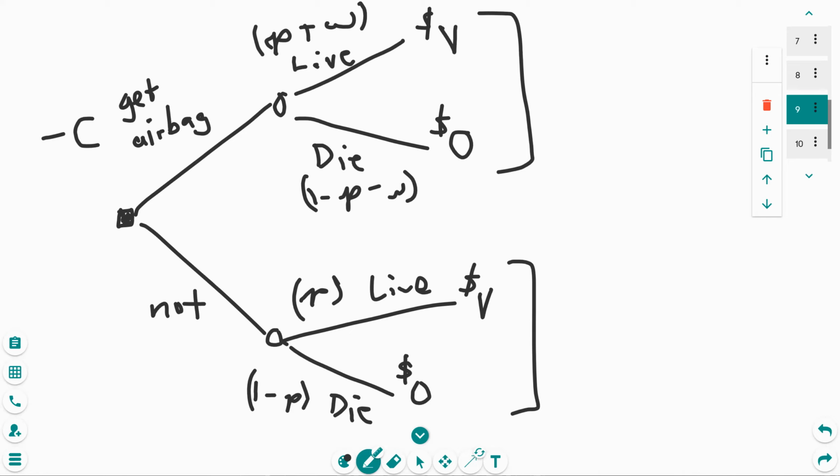And so you'd expect airbag vendors then to raise the price of the airbag until you get to the point where people are somewhat indifferent between these two options of getting this extra safety feature, which could reduce your risk of death by a small amount, versus not getting it.